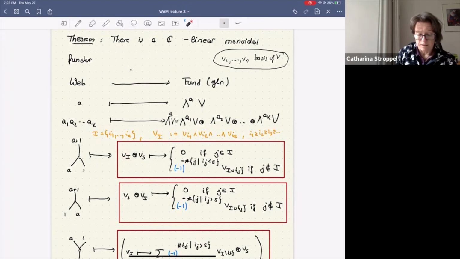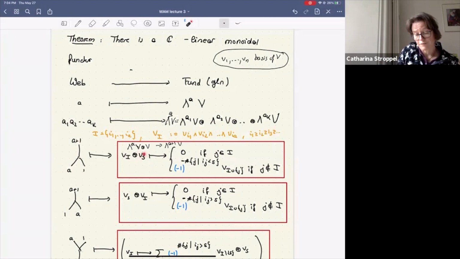So if I have such a thing, it's called V lower I, and I tensor with a v_s. So it's an element in this wedge product down here. I want to say, what is the map which I assign to this morphism, which goes from this corresponding wedge product. Maybe I should write this here. So this goes from wedge A of V tensor V, to wedge A plus 1 of V. And this map is just the following. So I more or less wedge just these two things together.